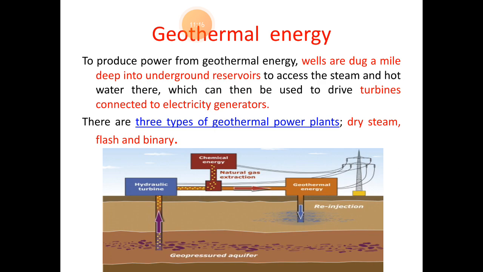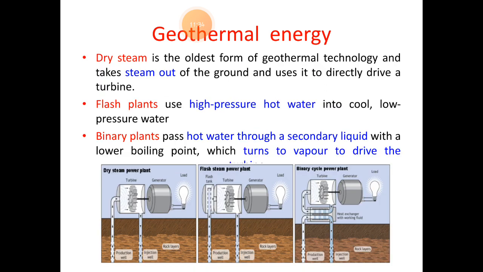The hot steam or water is used to drive the turbines that in turn generate electricity. There are three types of geothermal power plants: dry steam, flash, and binary plants. In dry steam plants, the hot steam is directly used to run the turbines and thus generate electricity, as you see in the first picture down.